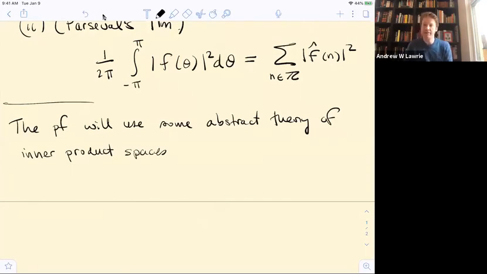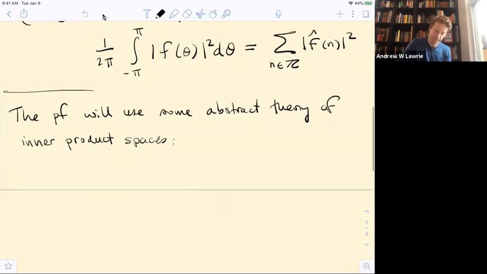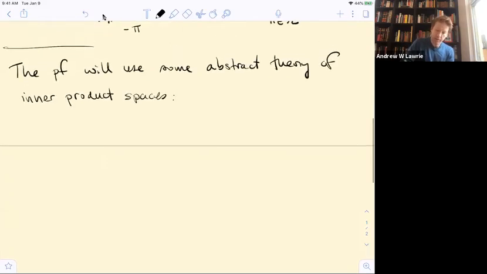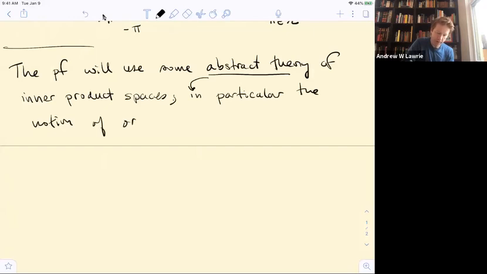An inner product space is a vector space with an inner product, and let me tell you what those are. Let me say one more word about what I mean by this abstract theory: in particular, the notion of orthogonality.